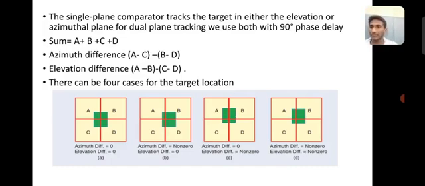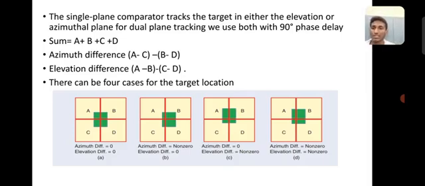In picture A, you can see the azimuthal difference as 0 and elevation difference as 0, as the target is equally divided into 4 parts. Coming to B, the azimuthal difference is non-zero, as the horizontal separation is not symmetric.